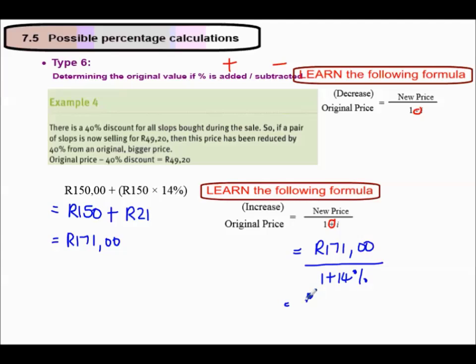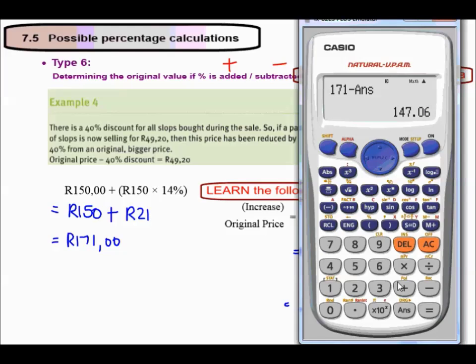Okay, so I'm going to have 171 Rand divided by, or over, 1 plus 14% equals 1,14.